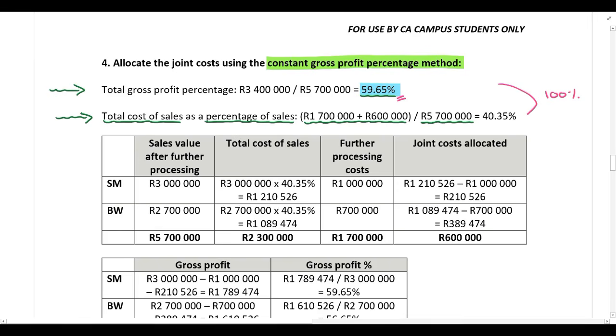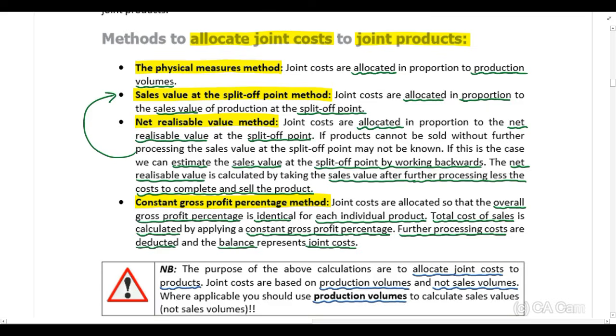And obviously that makes sense because if you look at these proportions, sales is 100%, we deduct cost of sales, which we've calculated over here to be 40.35%, and that will leave us with gross profit, which is 59.65%.